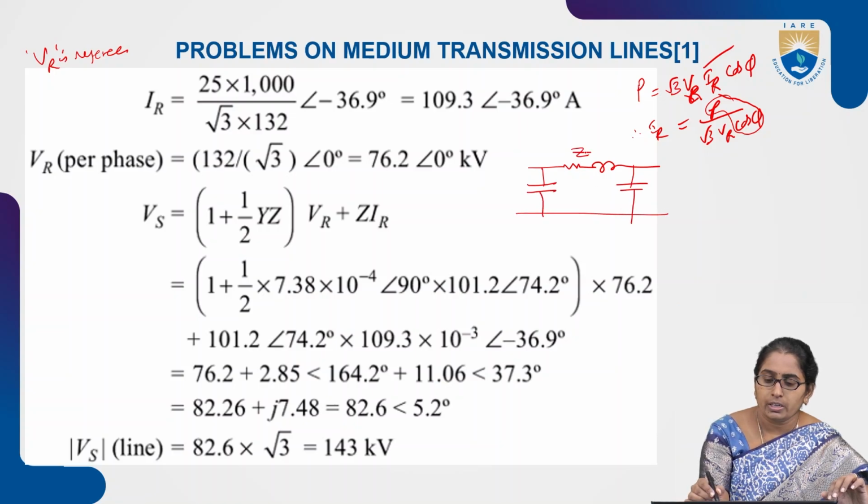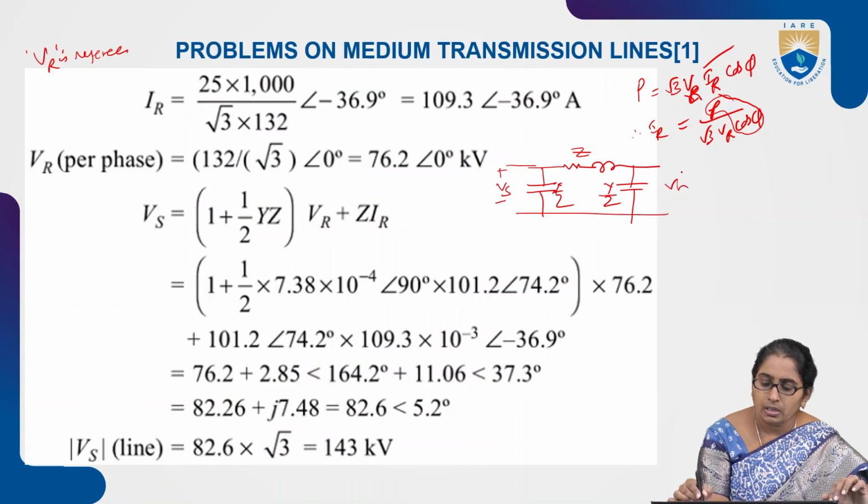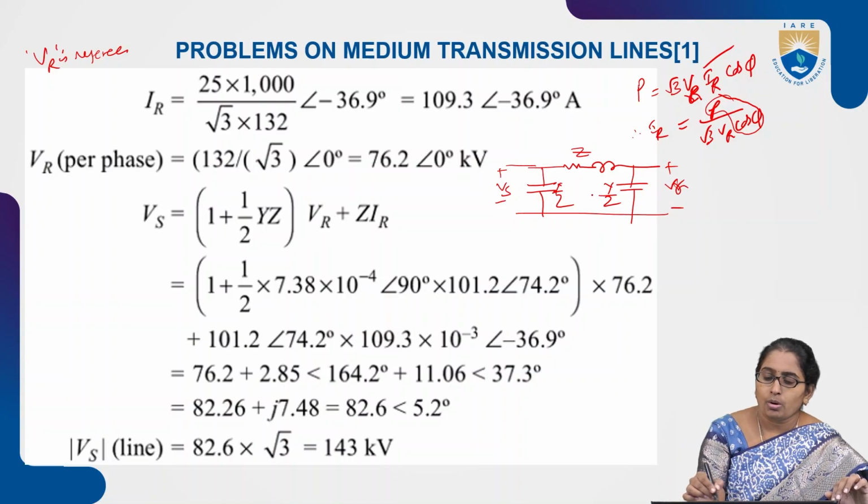This is Z, this is Y by 2. This is the nominal-π. So here Vs is given by VR plus the drop in the line. Of course we can't say directly how the drop in the line is.